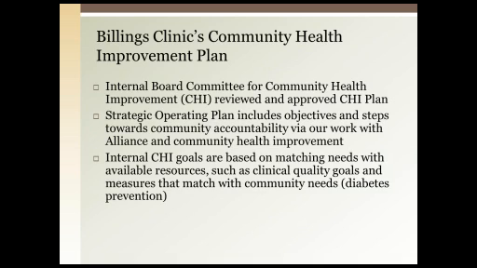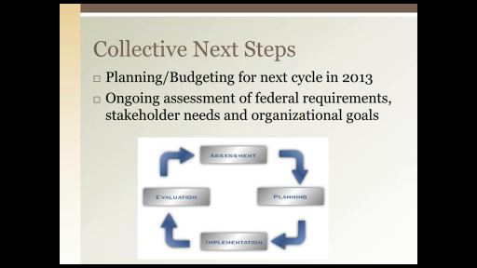Because we did this, it was released in 2011, we are going to start our planning process in a few months to figure out how to do our next assessment for the 3-year cycle. We may do something smaller every 3 years and then do a larger assessment every 6 years, but we haven't made that decision yet.